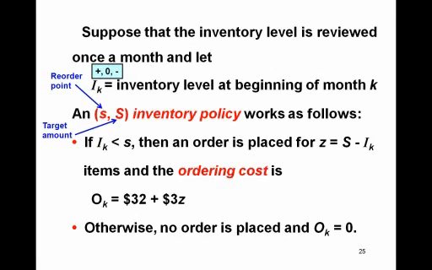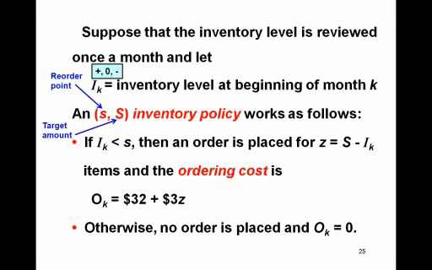Now, quite often in the real world, people use what is called a little s, big S inventory policy to decide whether to order, and if so, how much. Little s is called the reorder point. And for lack of a better name, we'll call big S the target amount or the order up to amount.